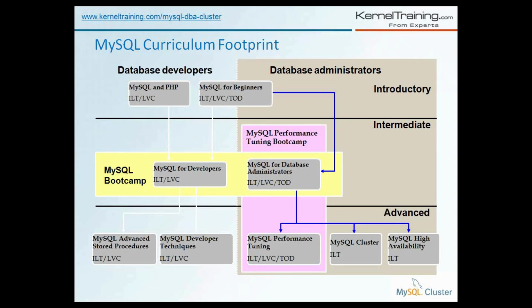So it starts with the beginner, then you can go with the DBA, and if you are a DBA, then you can go for performance tuning, clustering, and high availability. Clustering we are discussing at the moment.